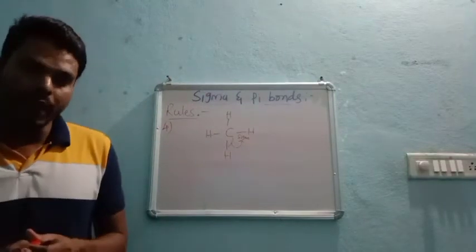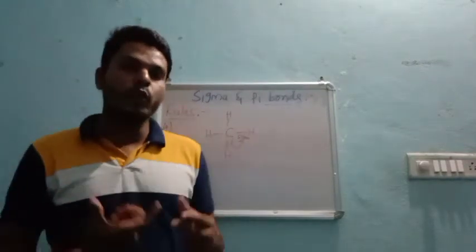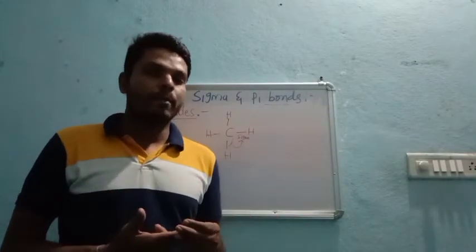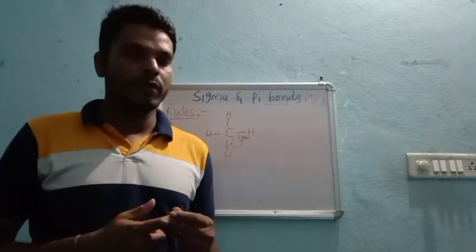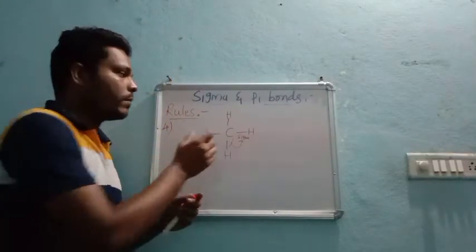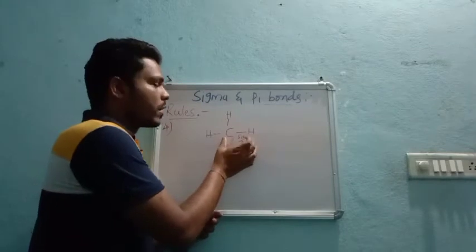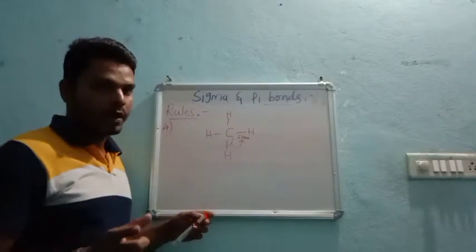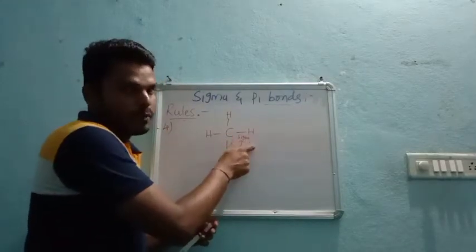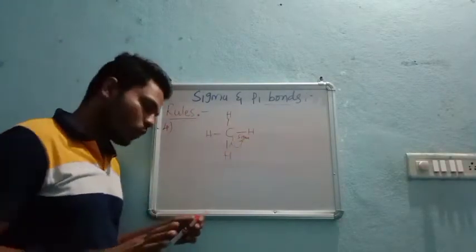If triple bonds are present between two atoms, then two bonds are pi bonds and one bond will always be a sigma bond. And finally, the fourth rule: if a bond forms between carbon and hydrogen, that bond will always be a sigma bond. So these are the four rules.